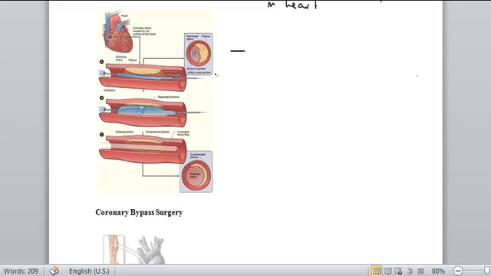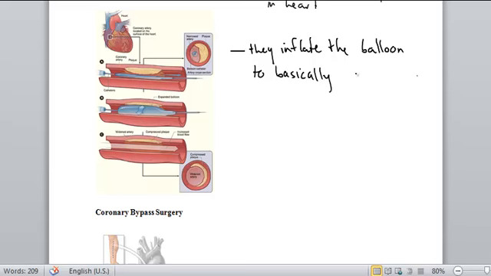And when they find the blockage, they inflate the balloon to basically pack down the plaque.